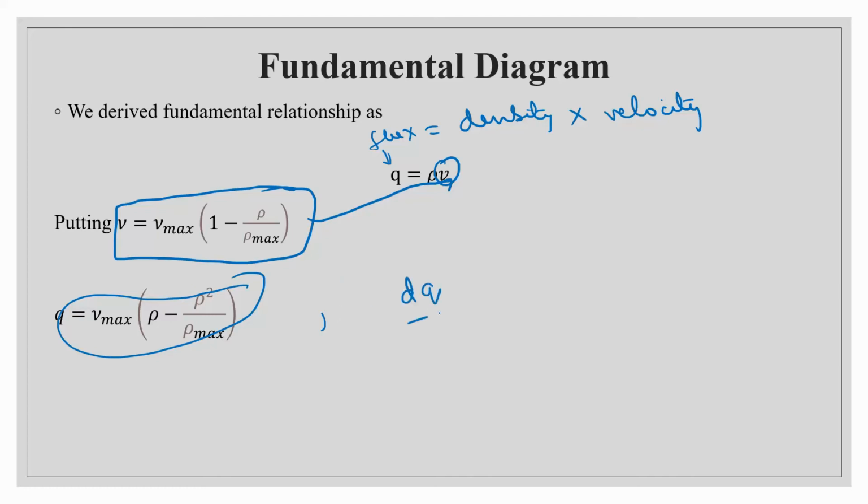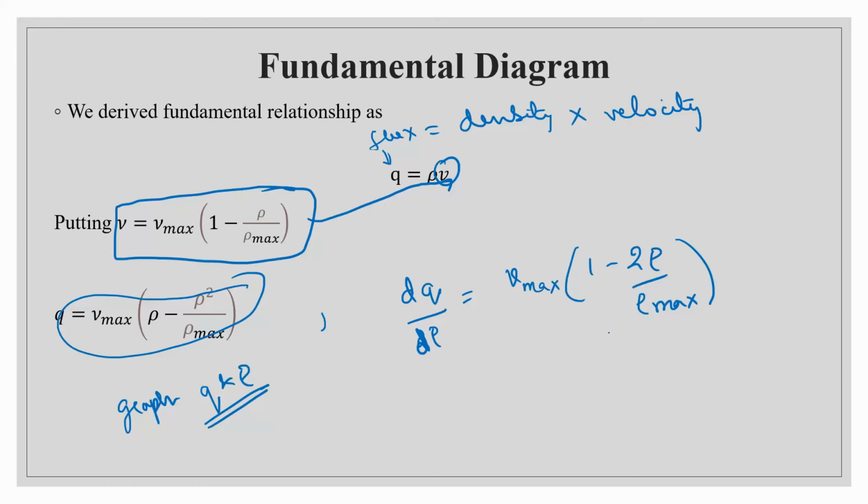If I want to find the maxima of this function, you know how to find the maxima. I will differentiate this with respect to rho, because now I want to find the graph between Q and rho. So for finding the maxima, I will differentiate this Q with respect to rho, and to find the critical points, I need to put this equal to 0.